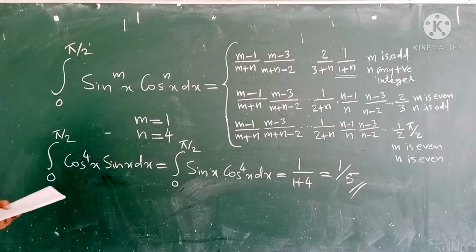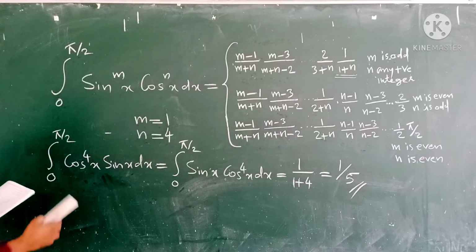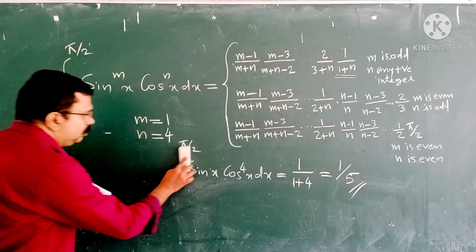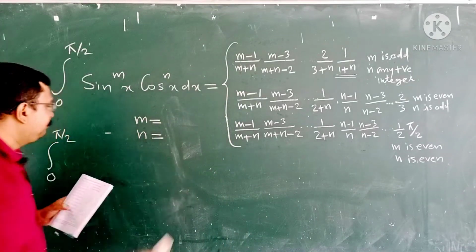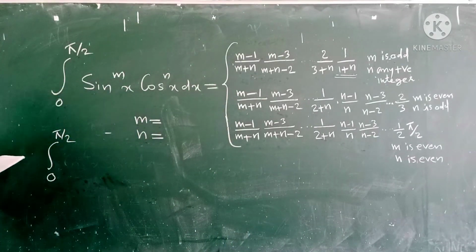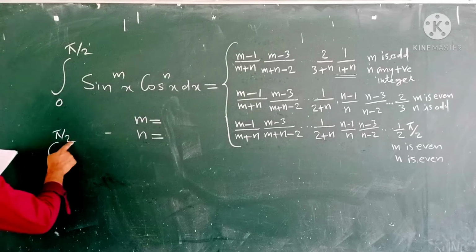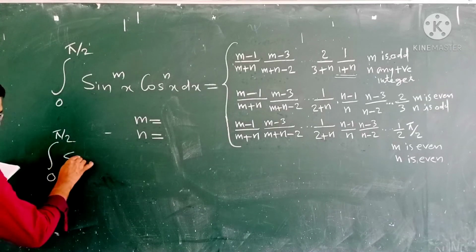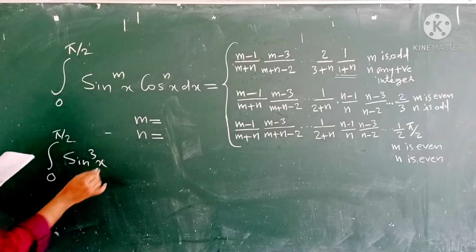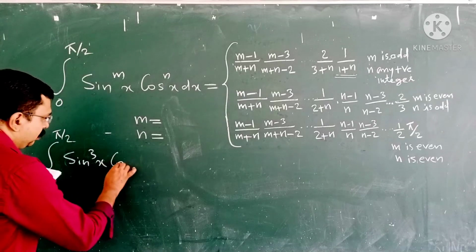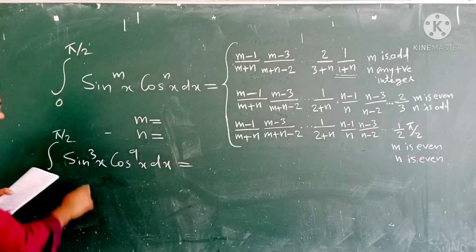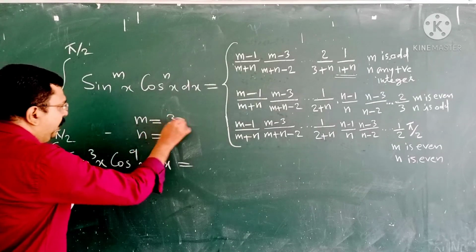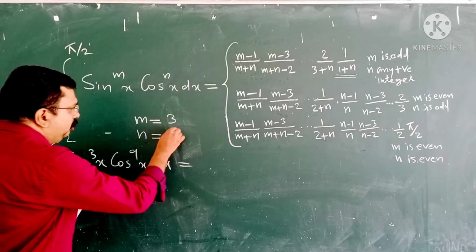Now we can do our next question. Next question is the integral from 0 to pi by 2 of sin cube x into cos to the power 9x dx. Here m equal to 3, n equal to 9.